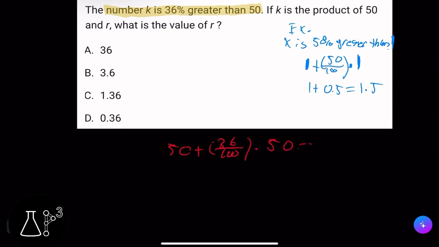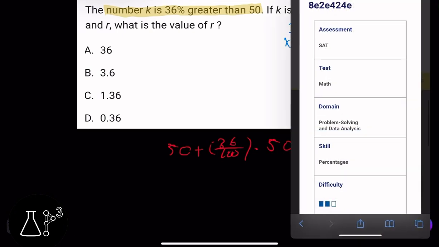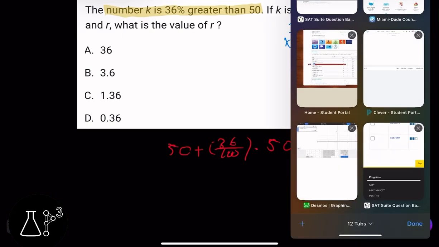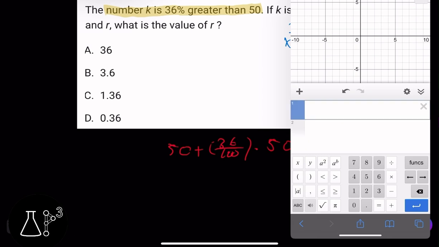And that's going to give me the number of K. So if I plug it into a calculator, I am going to do 50 plus parentheses 36 divided by 100, close parentheses, and then multiplied by 50, and I'm going to get 68.